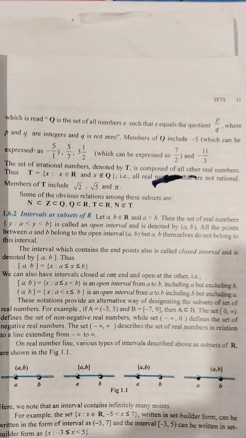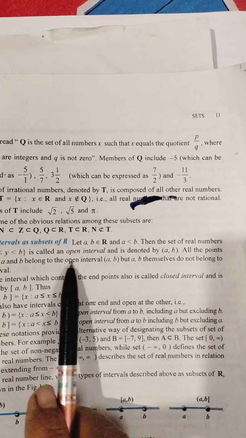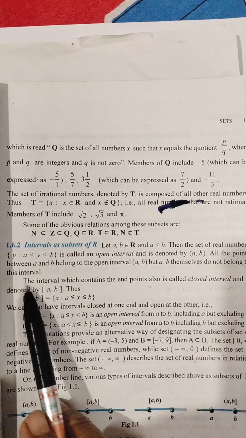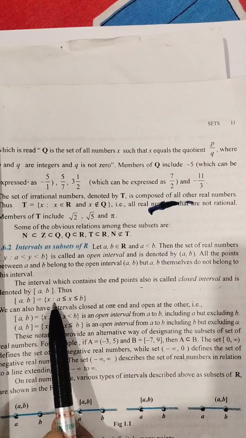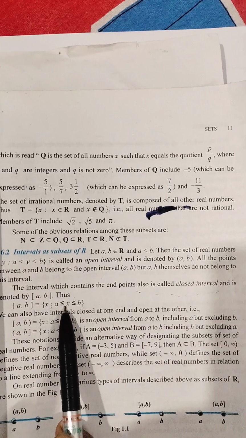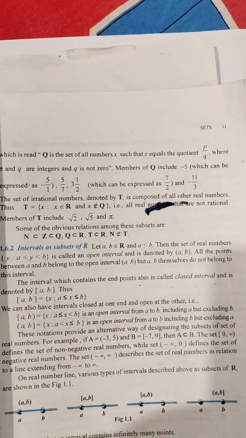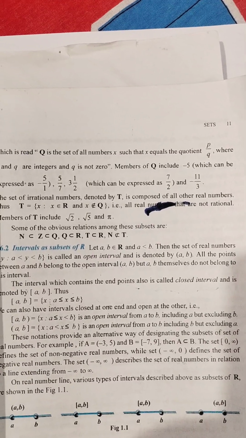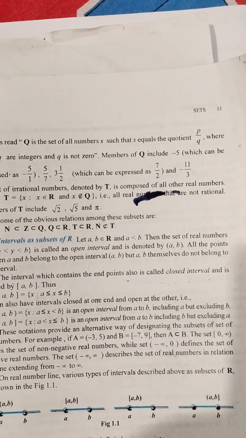Next. Now, this is the open interval. But the interval which contains the endpoints also is called a closed interval, denoted by [a, b]. Thus, [a, b] is a set where x is an element and x is in between a and b, greater than or equal to a and less than or equal to b.